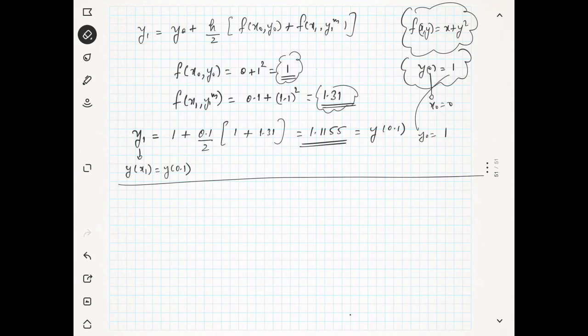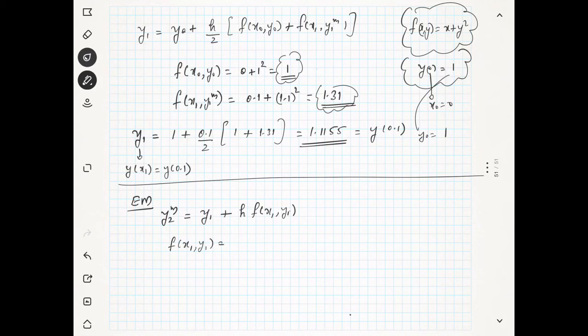So if you want to calculate y2 using the modified Euler's method, first by using Euler's method you will calculate y2m. y2m is nothing but y1 plus h into f of x1 y1, right? So what is f of x1 y1? x1 is 0.1, and the function is x plus y square, so 0.1 plus y1 squared.